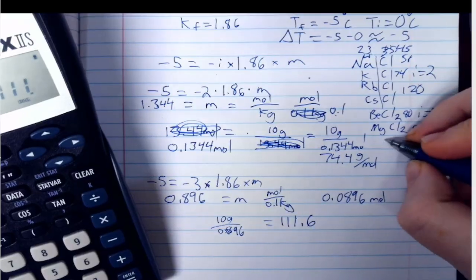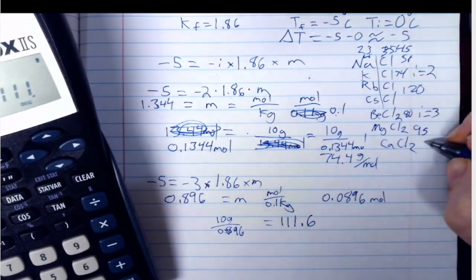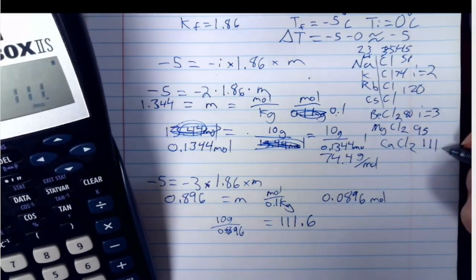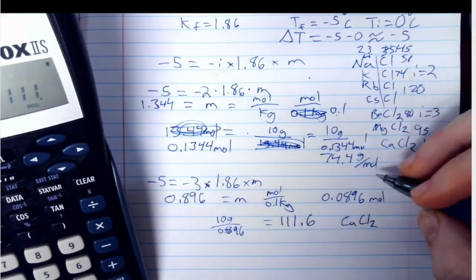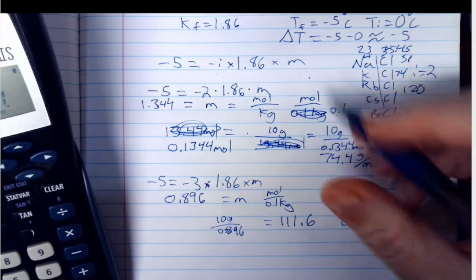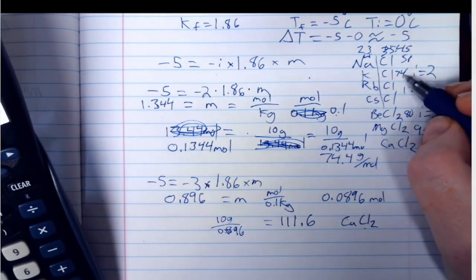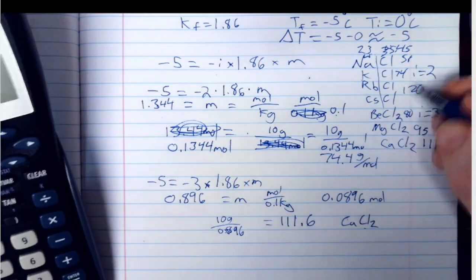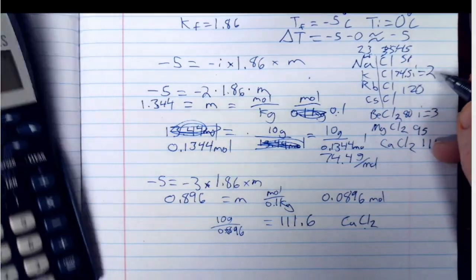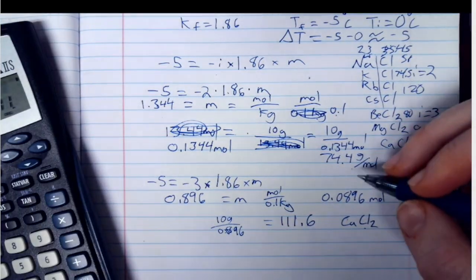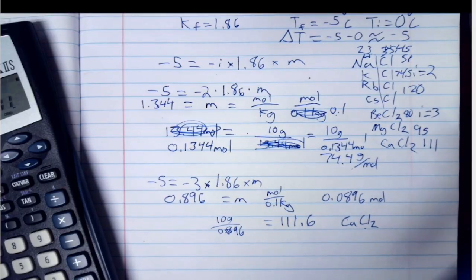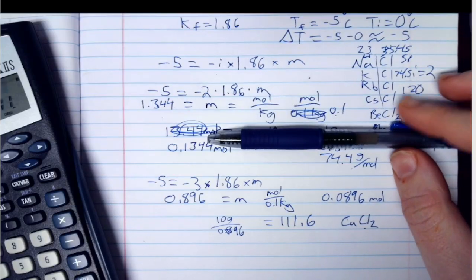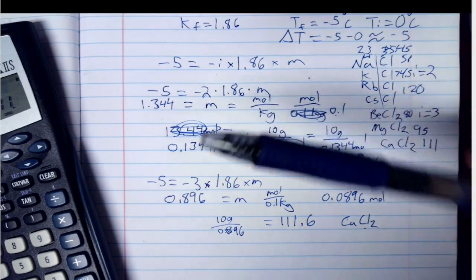Whew, that's pretty close. Calcium chloride is 111. So the structure could be calcium chloride, or it could potentially be cesium chloride. It's technically a little bit closer to cesium chloride than it is to calcium chloride, but both of those would potentially work.